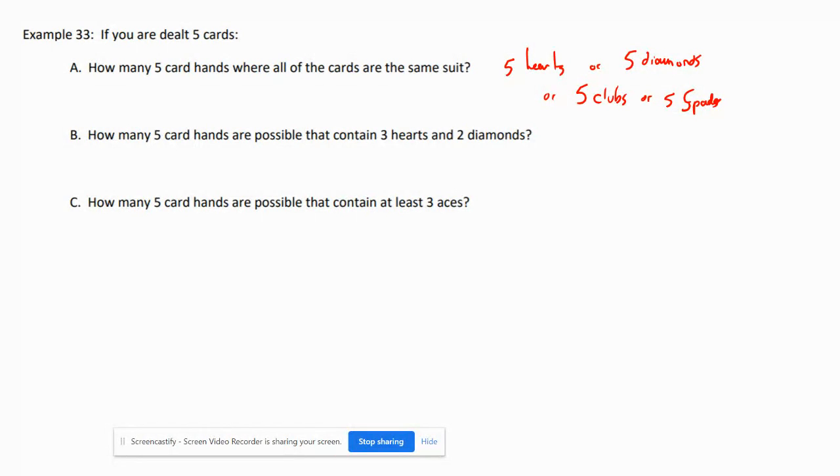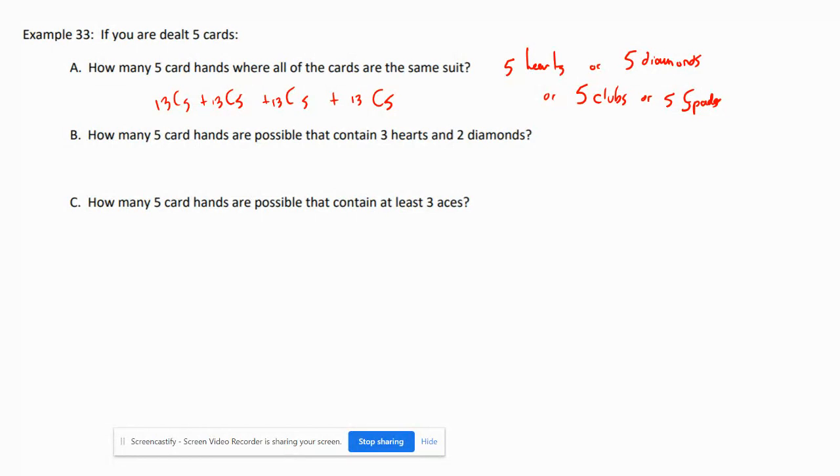Okay, so that would be 13 choose 5 plus 13 choose 5 plus 13 choose 5 plus 13 choose 5. Okay, could have gone 13 choose 5 times 4. It would have given the same answer over there.